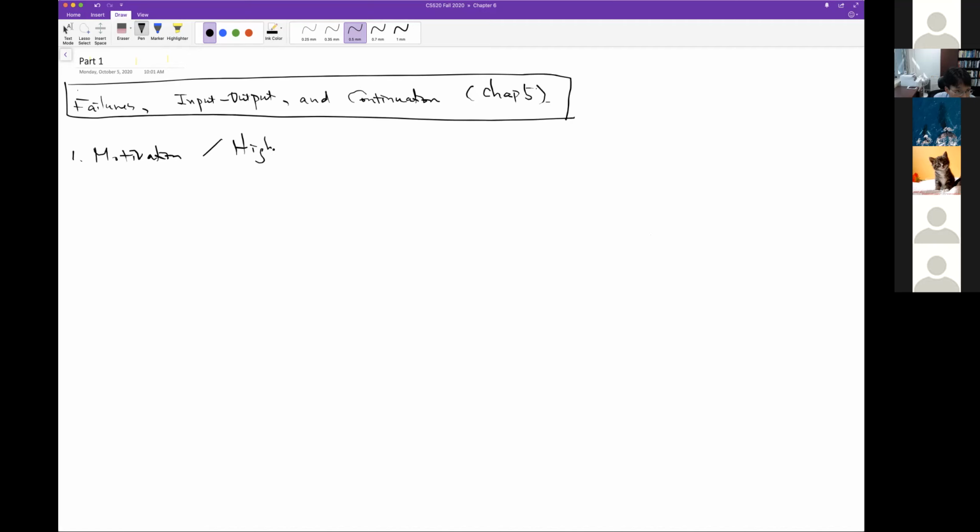The high-level message of that chapter is that we want to study programming languages with more realistic features.